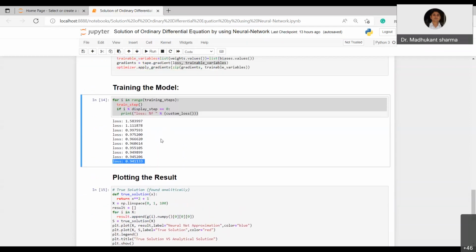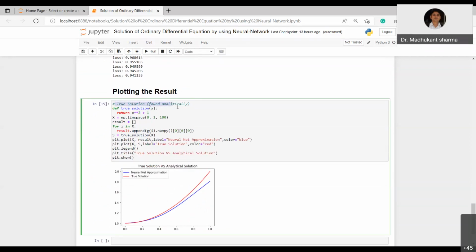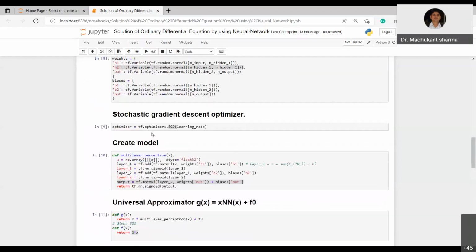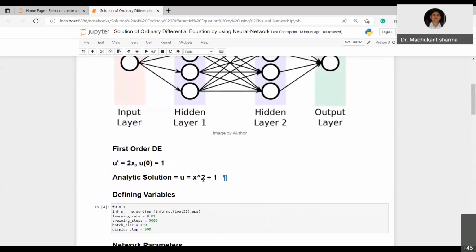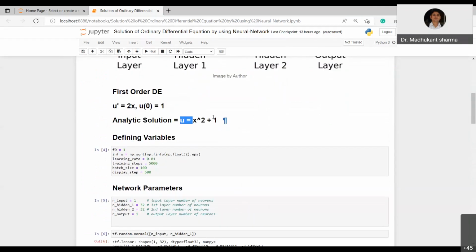So now our model is trained, and the model has learned the parameters W and biases. Now we start to compare our result by plotting it. First we define the true solution, which we know analytically: u equal to x square plus 1 is the true solution.